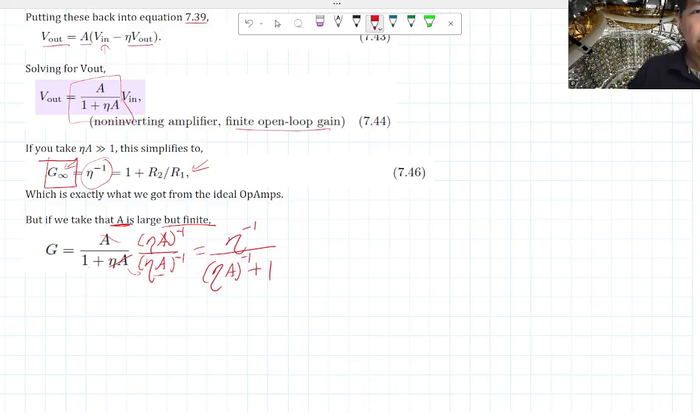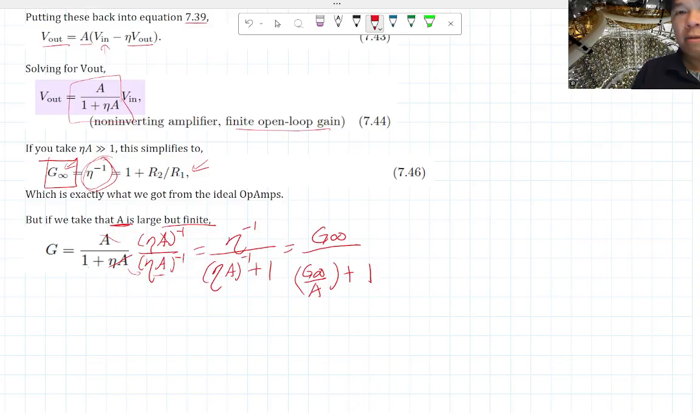Now what we can do is that, since we know what g infinity is, which is the inverse of eta, the numerator is actually g infinity, divided by g infinity over a, because this is actually a fraction, plus 1. I'm sure I did that algebra correctly.